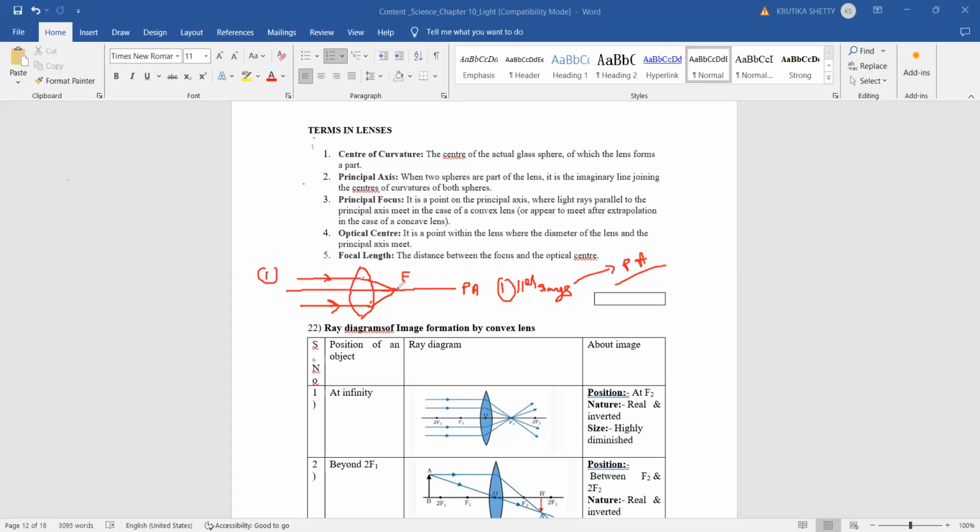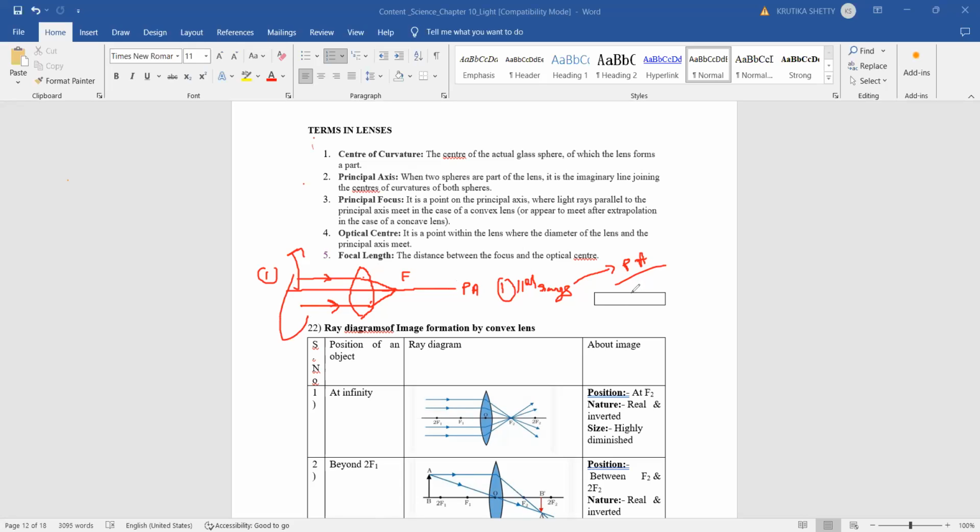Whatever rays are coming from the object, suppose this is the object AB, they will always pass through the principal focus.